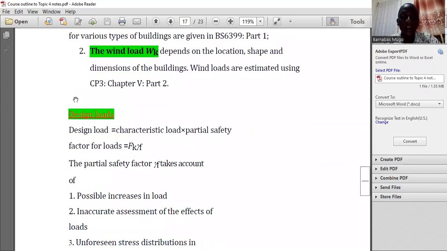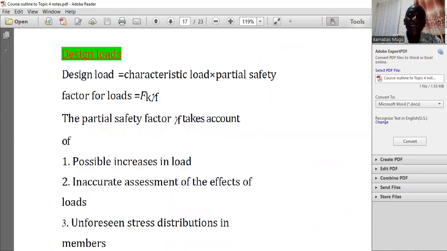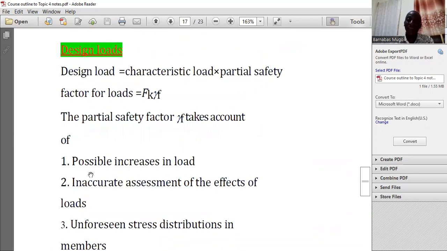Then we have the design load. The design load is the characteristic load multiplied by the partial factor of safety. When you have Gk, you multiply by a factor of safety, it becomes the design load. When you have Qk, you multiply by the factor of safety, it becomes the design load.